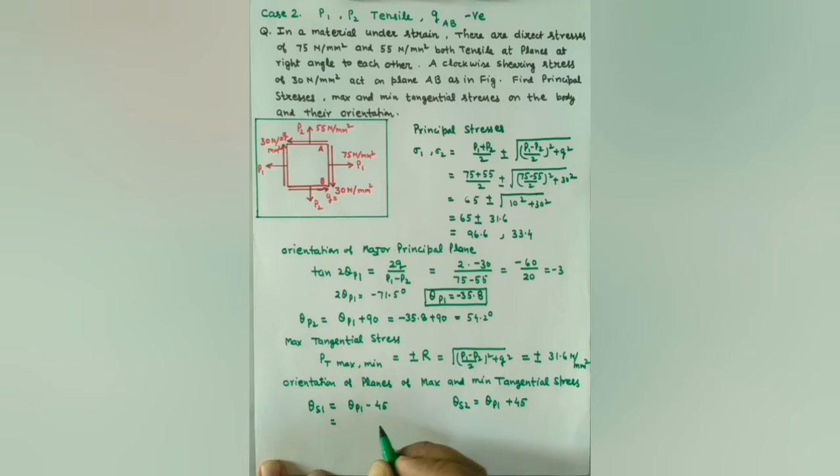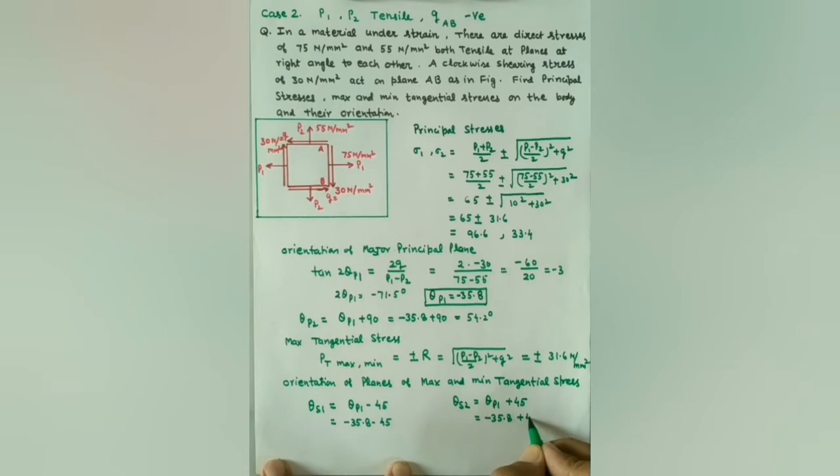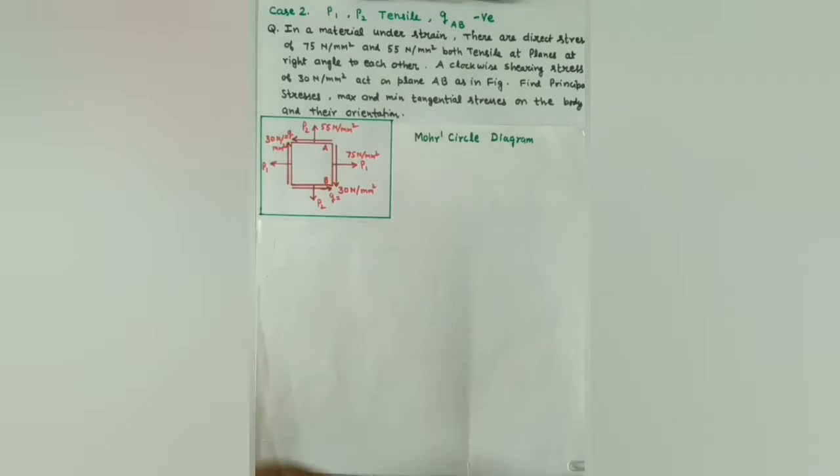So calculating, theta S1 is minus 35.8 minus 45 and theta S2 is minus 35.8 plus 45. This gives theta S1 equal to minus 80.8 degrees and theta S2 equal to 9.2 degrees. S1 is negative, so it will be measured clockwise, and S2 is positive, so it will be measured anti-clockwise.